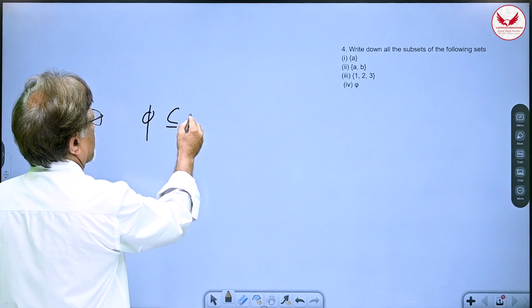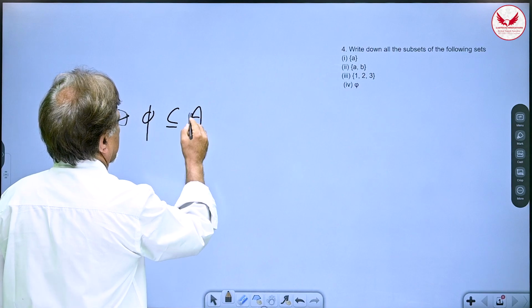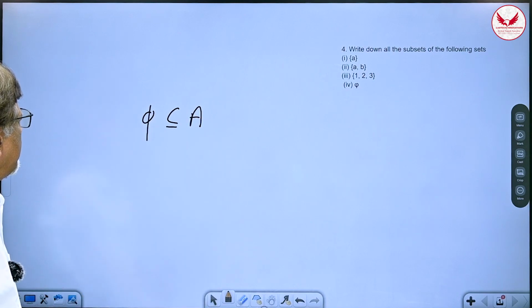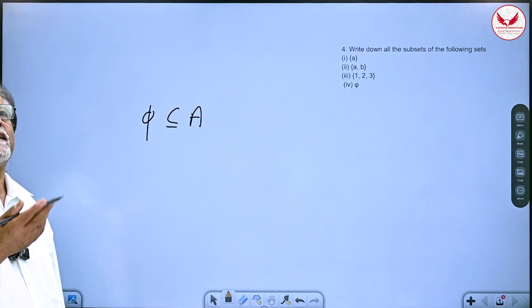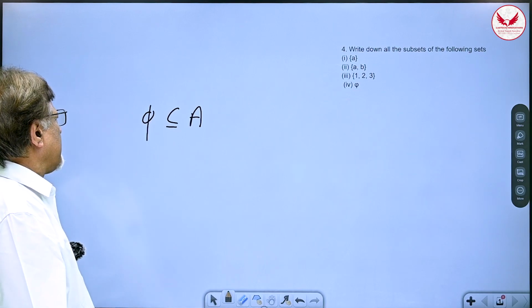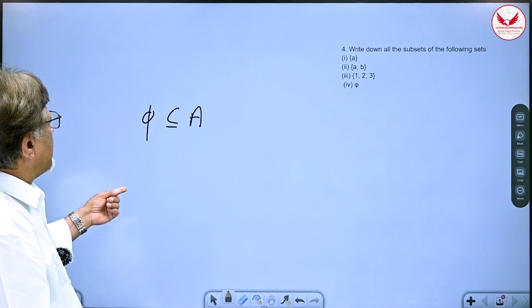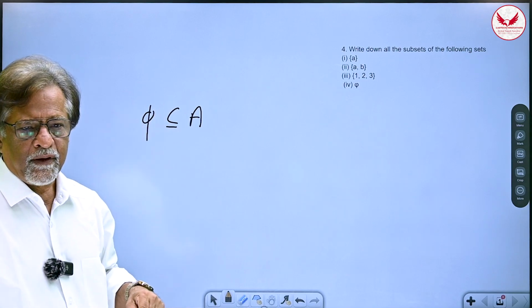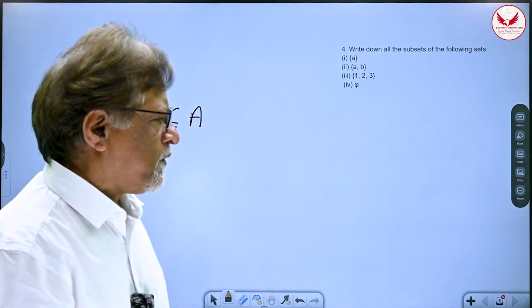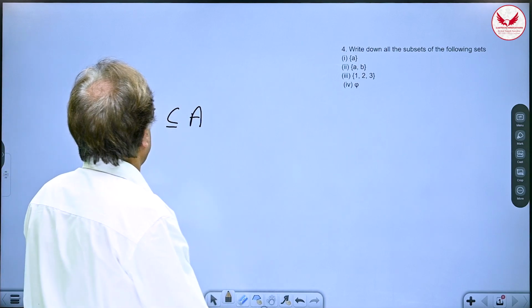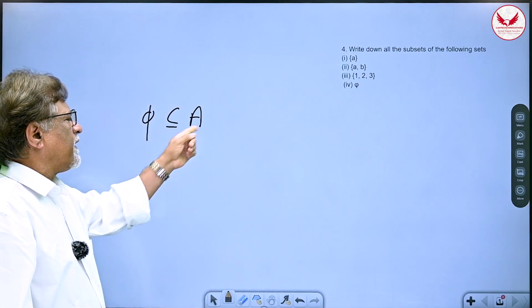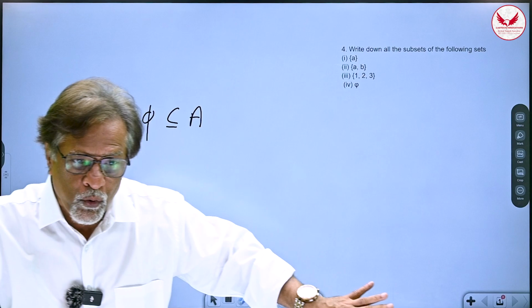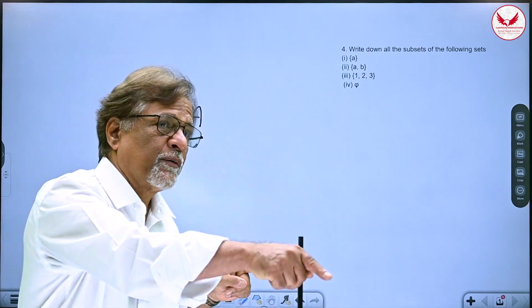That's a very interesting question. Why we understand that phi is always a subset of A? Because I cannot prove the other way around. That means I cannot prove that phi is not a subset of A. Why? Because I cannot find out any element in phi which is not in A.